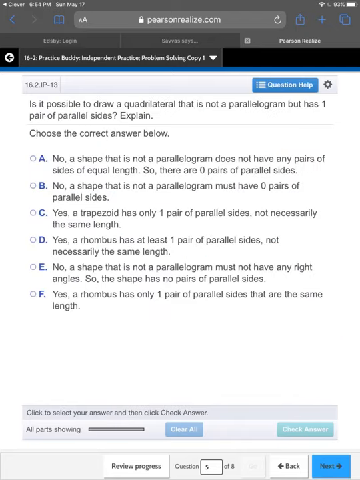Okay, the next one. Is it possible to draw a quadrilateral that is not a parallelogram but has one pair of parallel sides? So we're not going to focus on anything else but one pair of parallel lines. Well, we know what that shape is. We've talked about it a bunch. We call that a trapezoid.